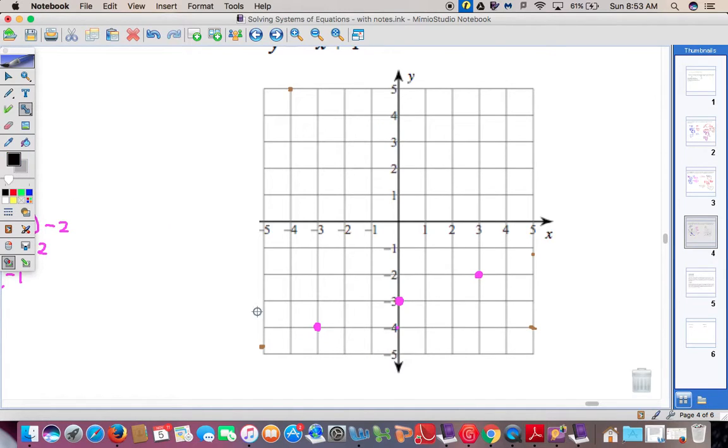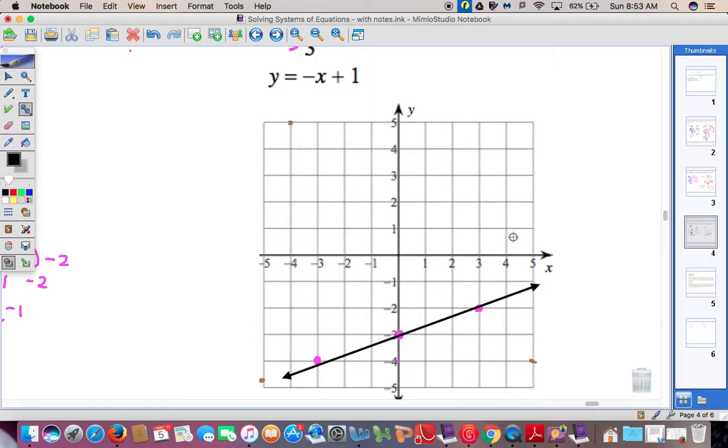Okay, so if I draw a line through these points, it would look very similar to, that's not a very good line. It's hard to draw a line using this technology. I apologize.